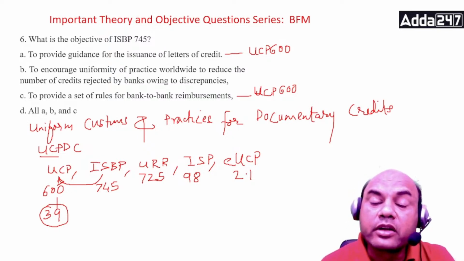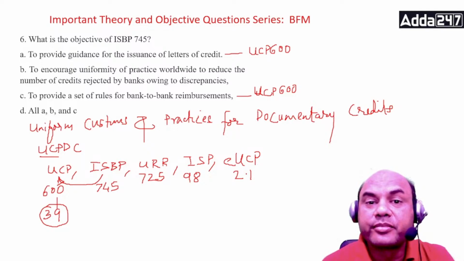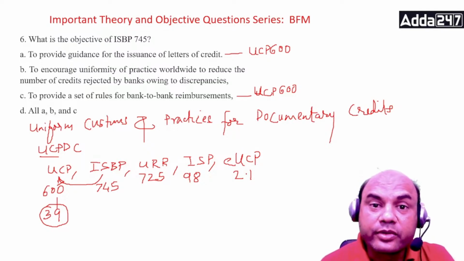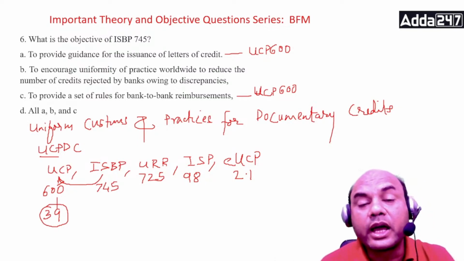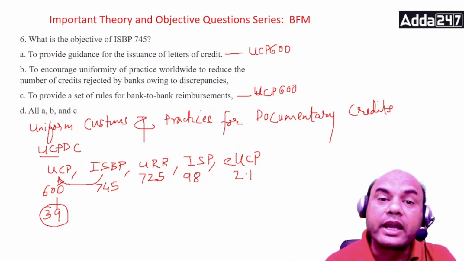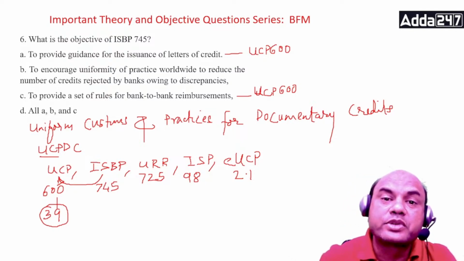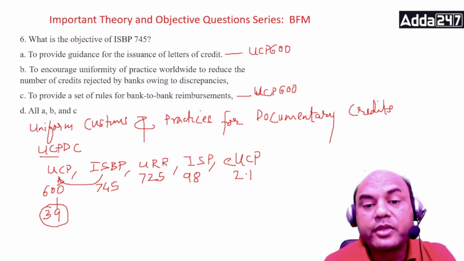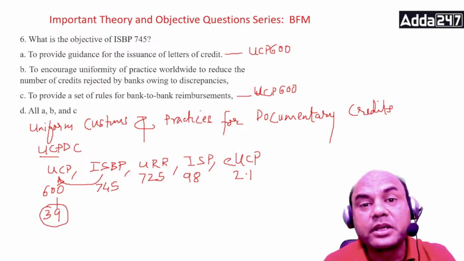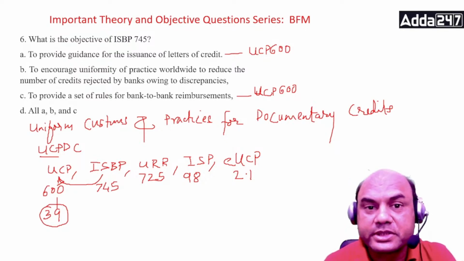What are the various certificates required in international trade? There are various health certificates, phytosanitary certificates, and various lab certificates. The clarity about the guidelines for issuing these certificates is given in ISBP. So ISBP is actually a supporting document for UCP 600.